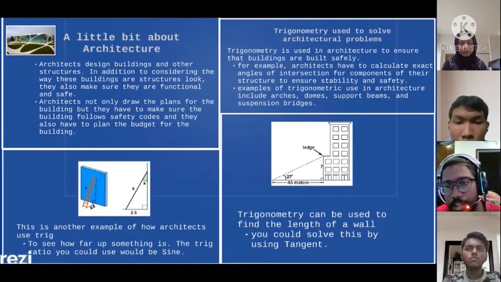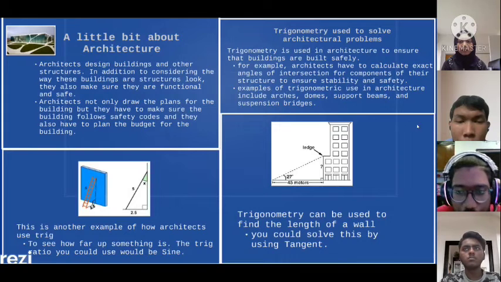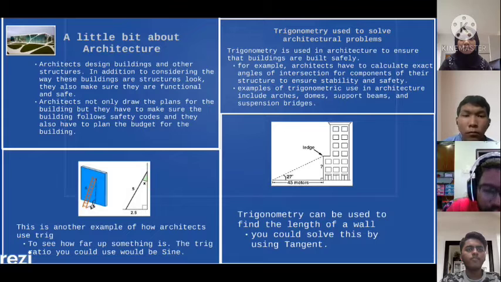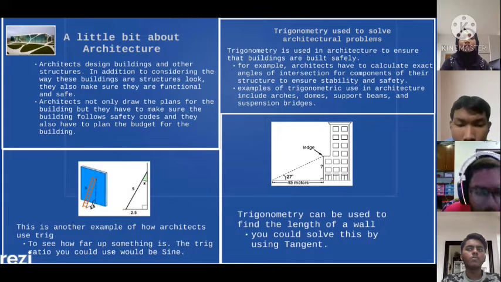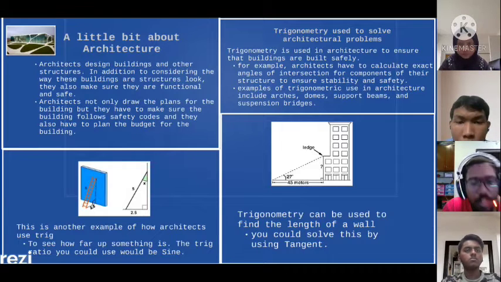Examples of trigonometric use in architecture include arcs, domes, support beams, and suspension bridges. This is another example of how architects use trigonometry, where there is a ladder, and to find the angle of the ladder so that it will be stable.